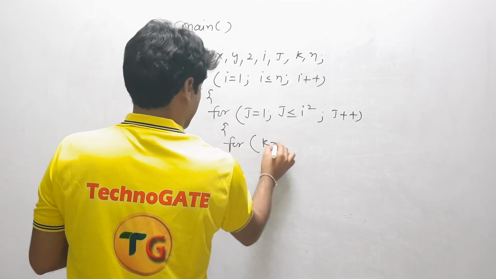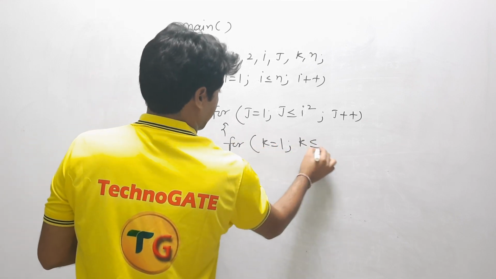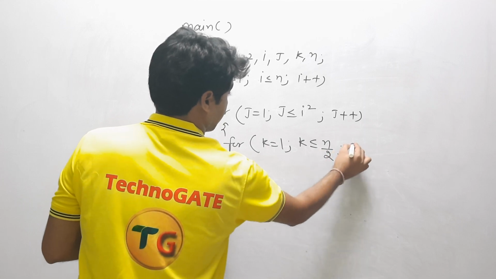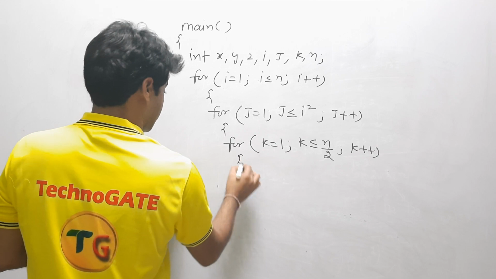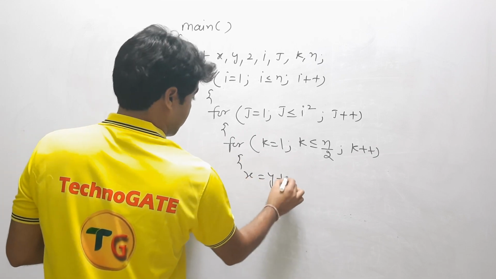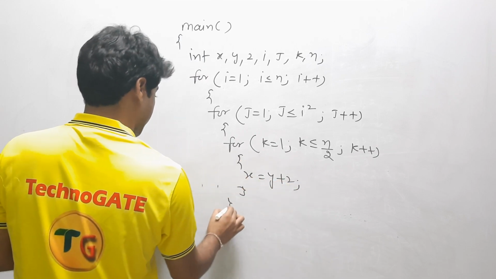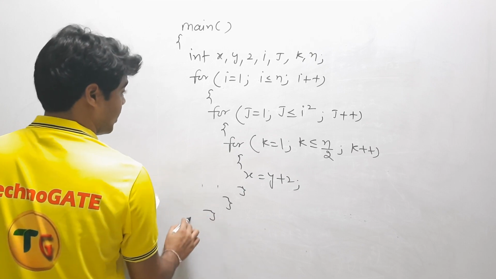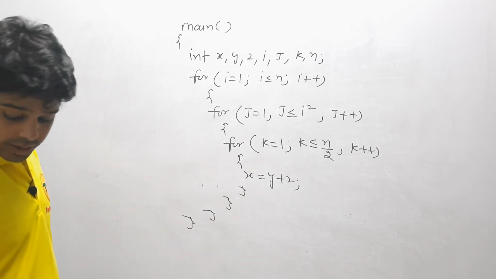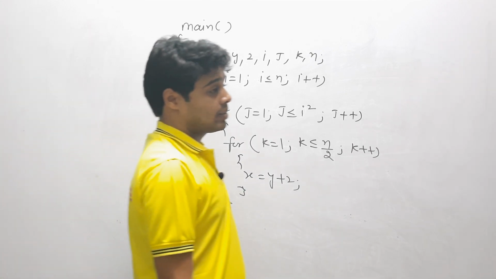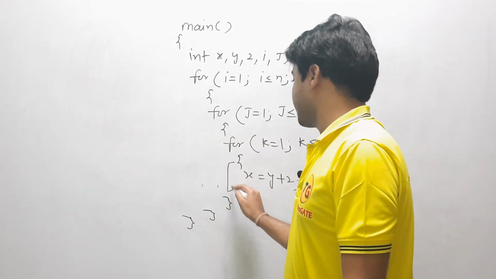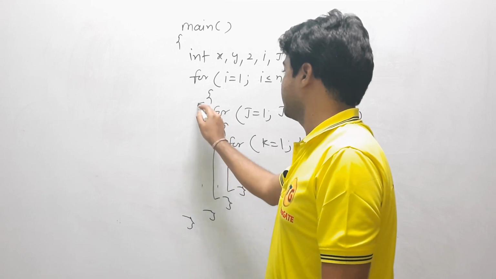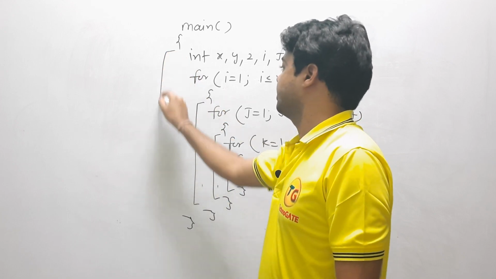For k equals 1, k less than or equal to n by 2, k plus plus. And this is x equals y plus z. In this program you will see how to calculate the time complexity. This will close here, this will close here, this will close here, and this will close here.